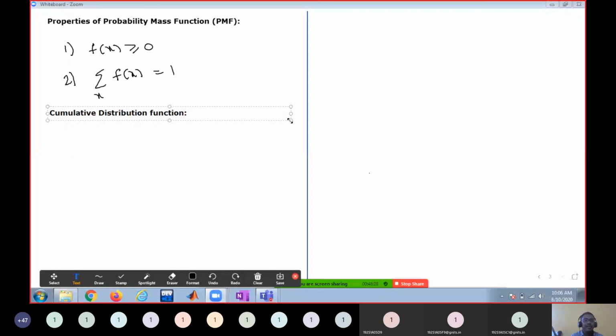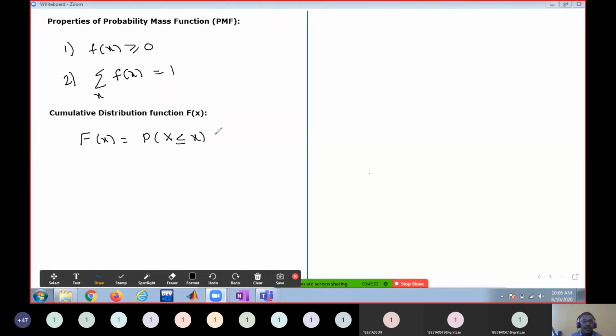It is denoted with capital F of x. So what is the definition of the cumulative distribution function? This is nothing but the sum of the probabilities up to x. So capital F of x is nothing but the probability that X is less than or equal to x.